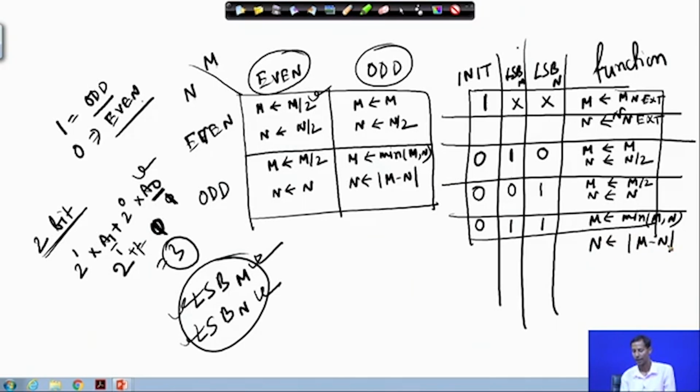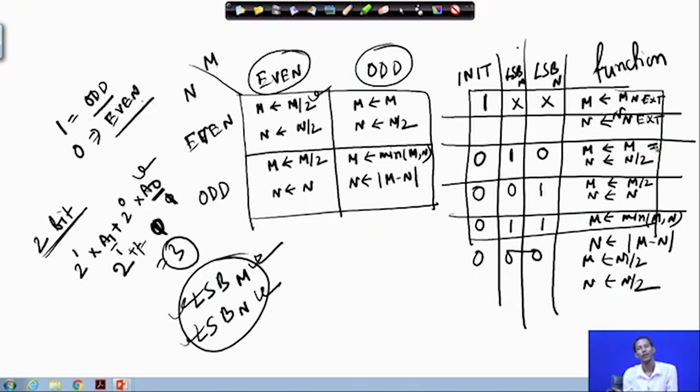And for 0, 0, m will be m by 2 and n will be n by 2. For 0 0 0, m equals m by 2 and n equals n by 2.